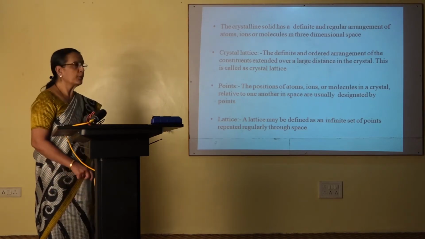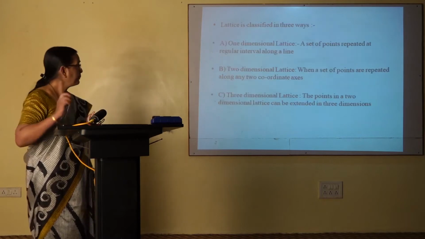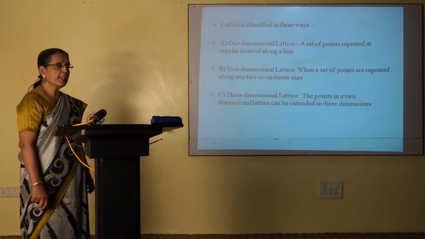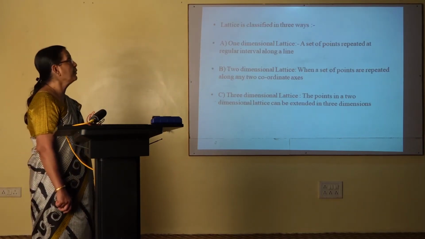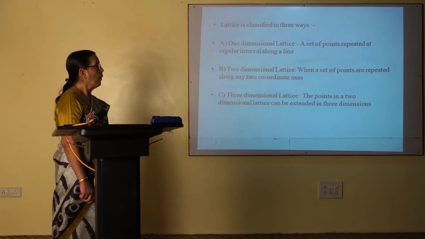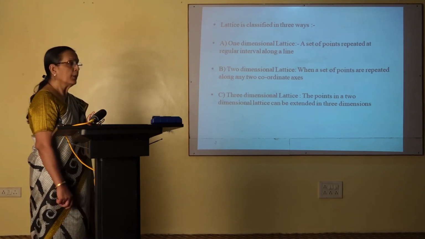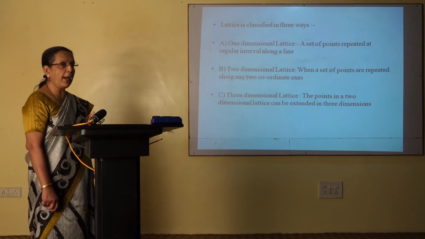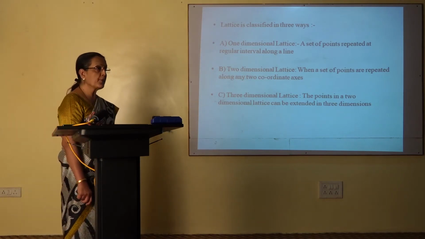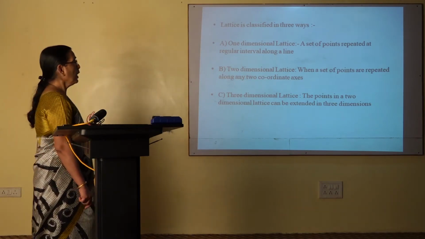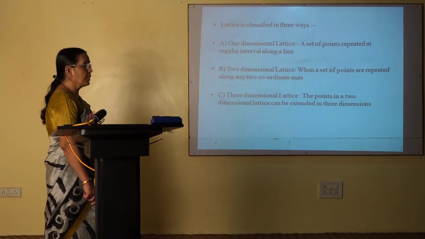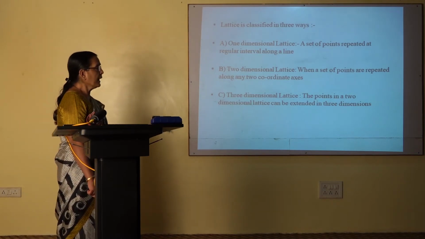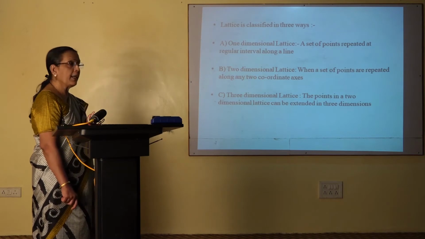Next, see what are the voids or holes in a close packed structure. In any layer of close packed arrangement of spheres, the unoccupied space is called a void or hole. Types of holes.